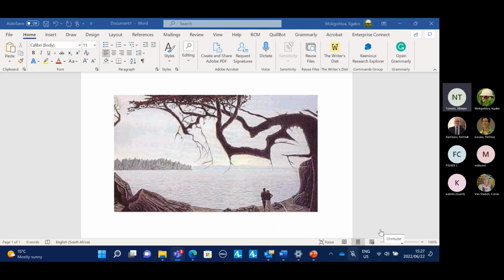I'm seeing a gentleman and a lady in a nice scenery. Yes, okay. Any other person who can, because you can see a couple here, and there's a nice scenery here. I think it's a lake or something. I just see the other dimension, Khabo.